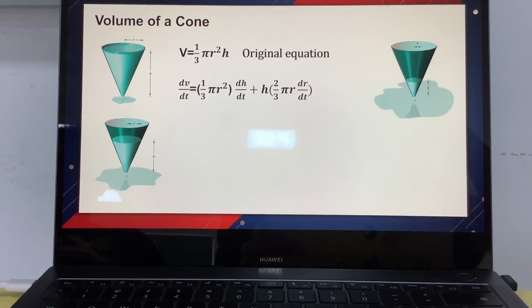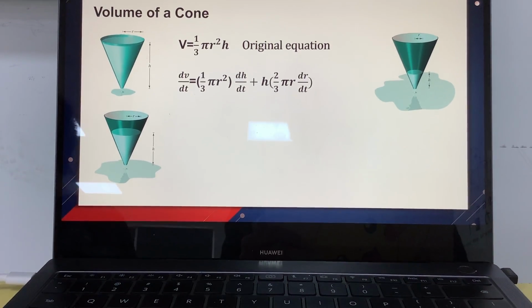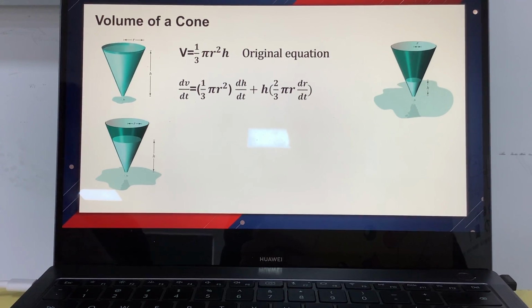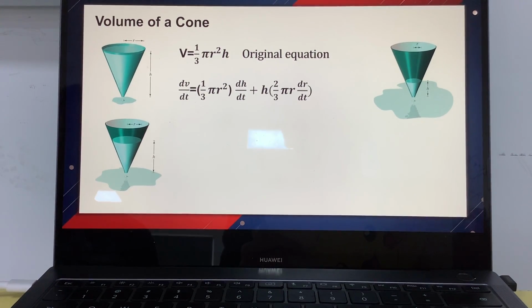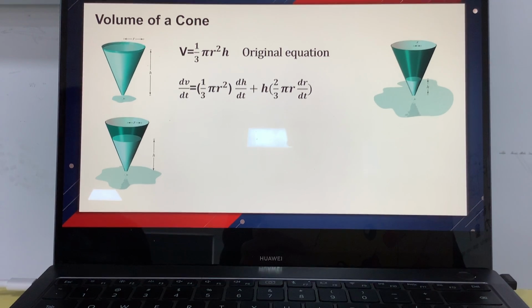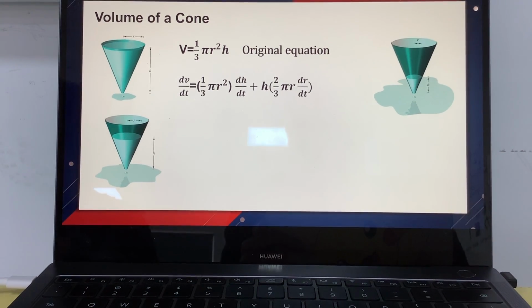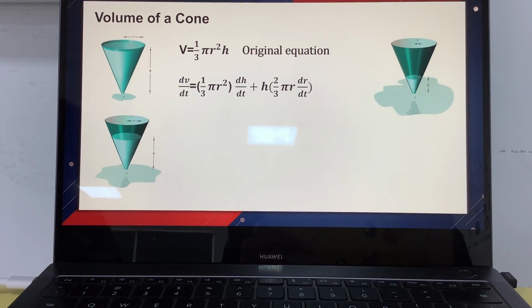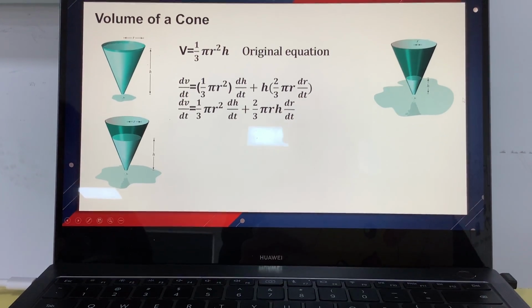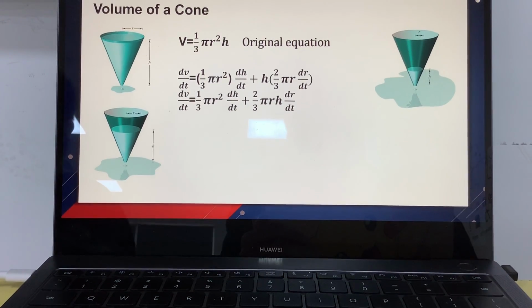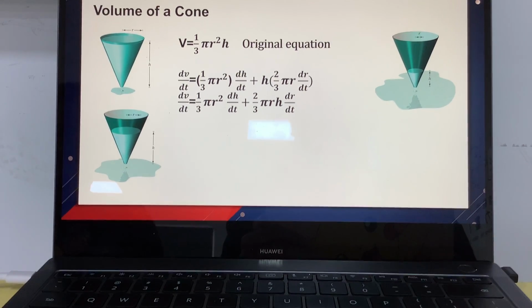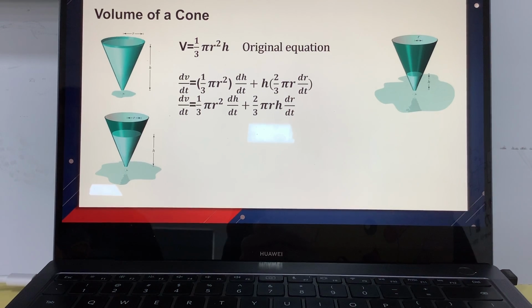So to calculate the rate of change of the cone, we have dV over dt equals 1 over 3 pi r squared dh over dt plus h times 2 over 3 pi r dr over dt. So we have dV over dt equals 1 over 3 pi r squared dh over dt plus 2 over 3 pi r h dr over dt.